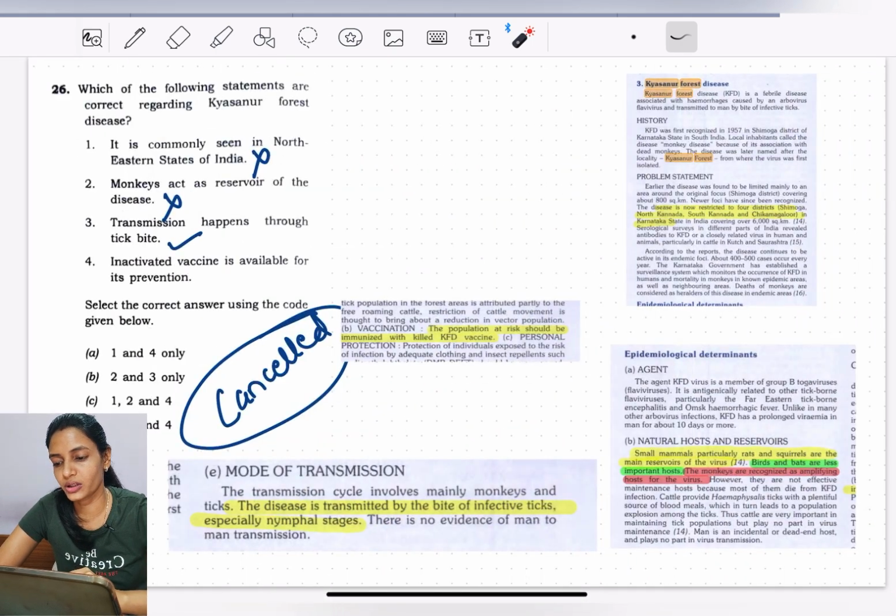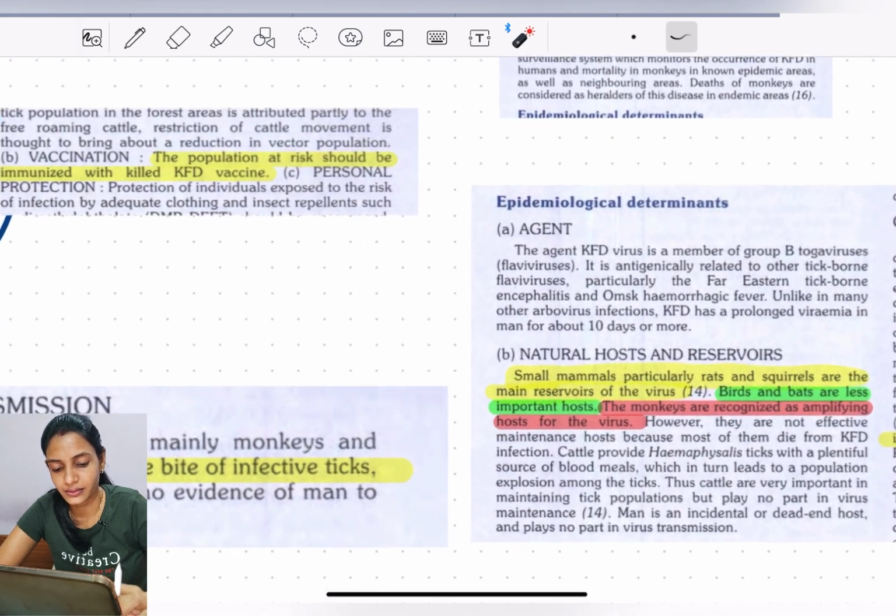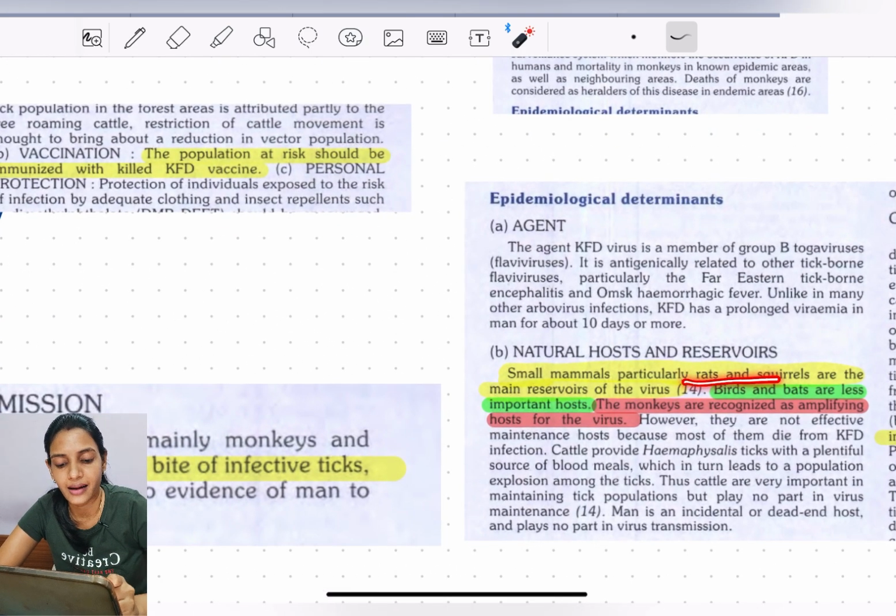Next they are saying about Kyasanur Forest disease. It is seen in South India, and small mammals, particularly rats and squirrels, are the main reservoir of the virus, not the monkey. Monkeys are the amplifying host, while birds and bats are less important hosts.